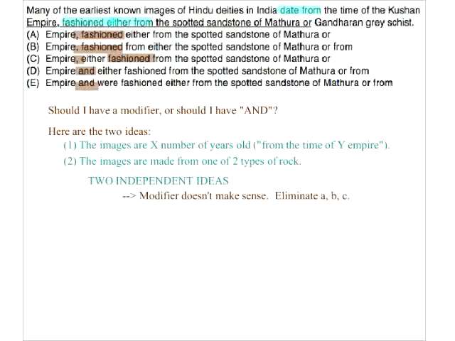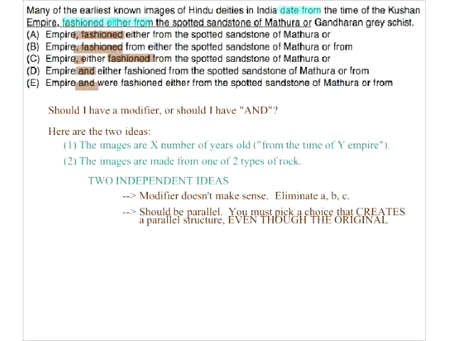Should be parallel. In other words, this means that you have to pick a choice that creates a parallel structure for these things, even though the original sentence doesn't have one. Because again, that's the meaning.